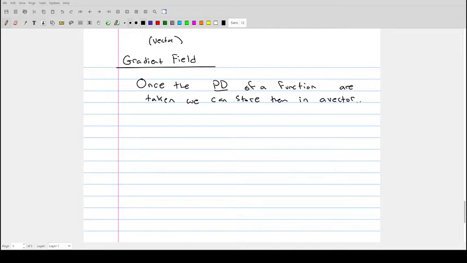This vector is called the gradient vector. And the gradient vector has the following notation. We use an upside down triangle to denote the gradient vector, and we put it to the left of the function that we're taking the gradient vector of.